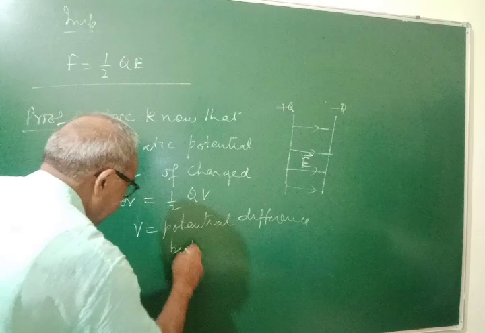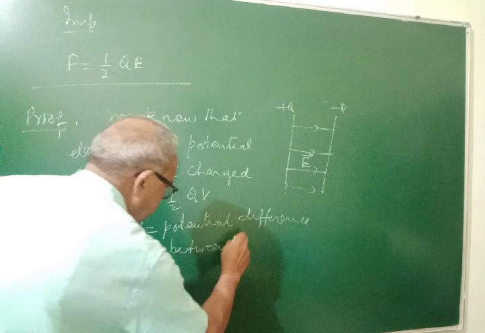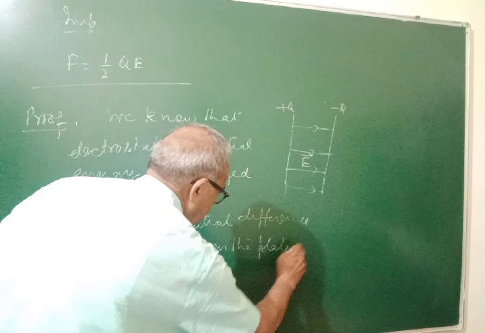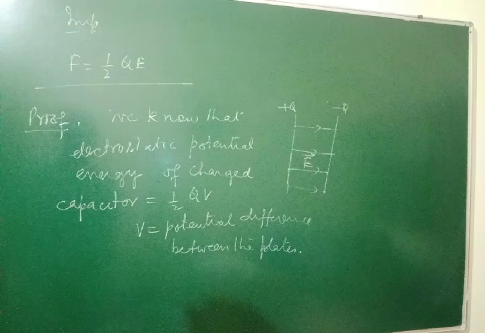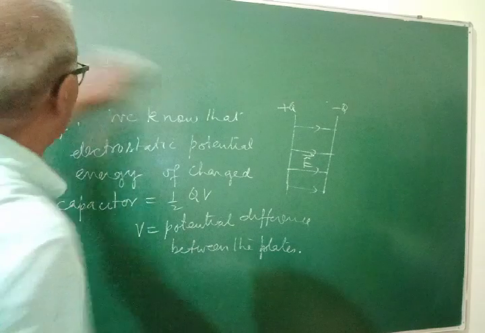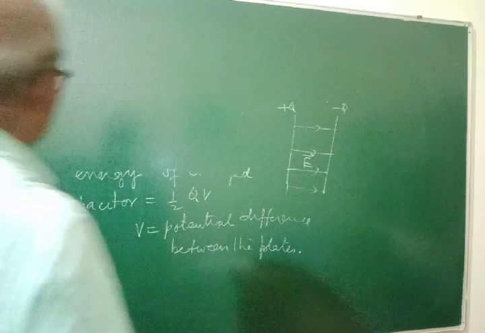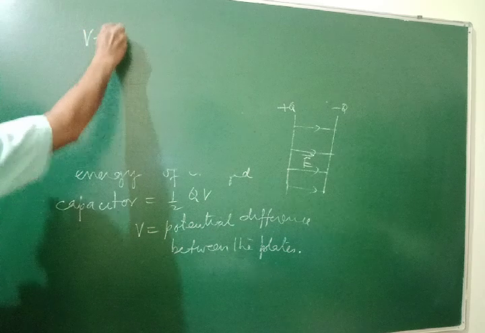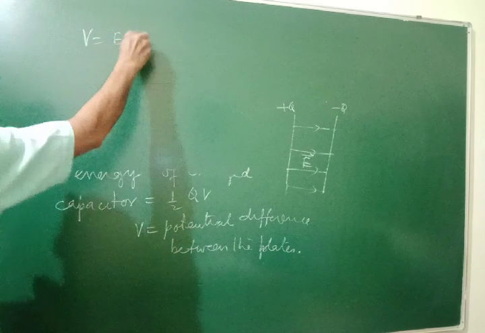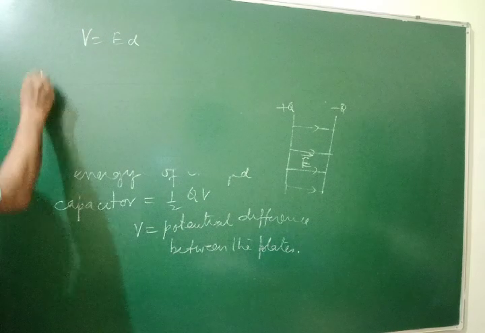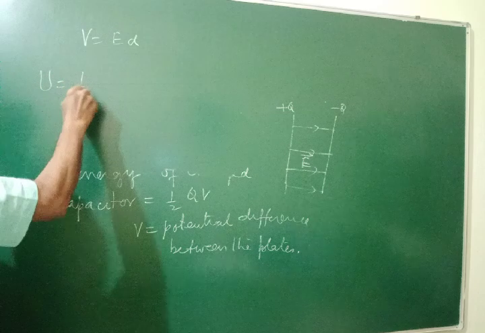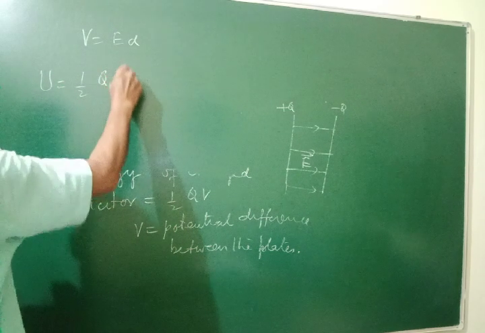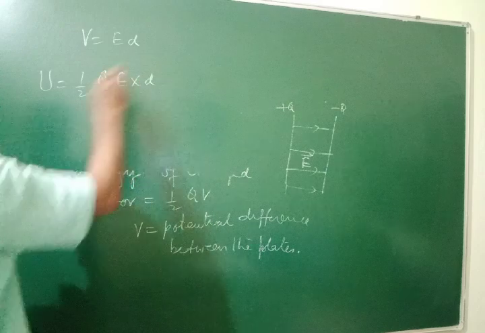But we further also know that V equals E into D. So this energy U is equal to half Q into E into D. This is equation 1.